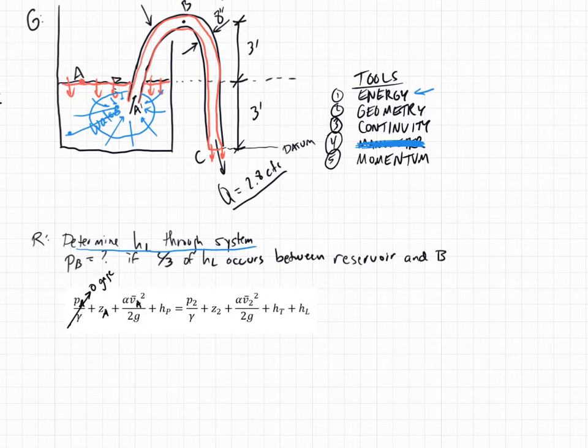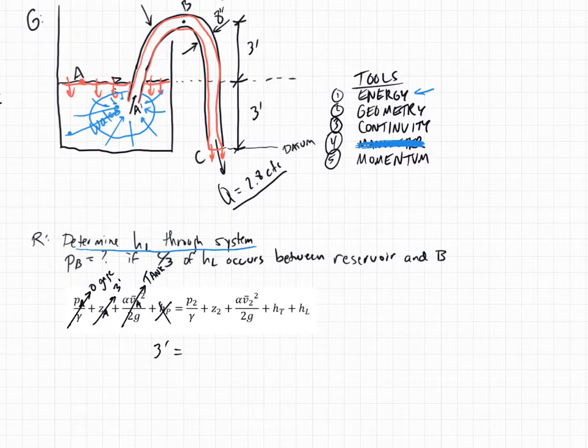So C will be 0, which means A will be 3 feet. So we're kind of picking a point where we know stuff. And then the velocity at A, oh, well, that's 0 because of the tank assumption, right? The tank or the Tahoe assumption or whatever you want to call it. Okay, we don't have a pump. So that whole left-hand side of the equation becomes relatively easy. It becomes 3 feet.